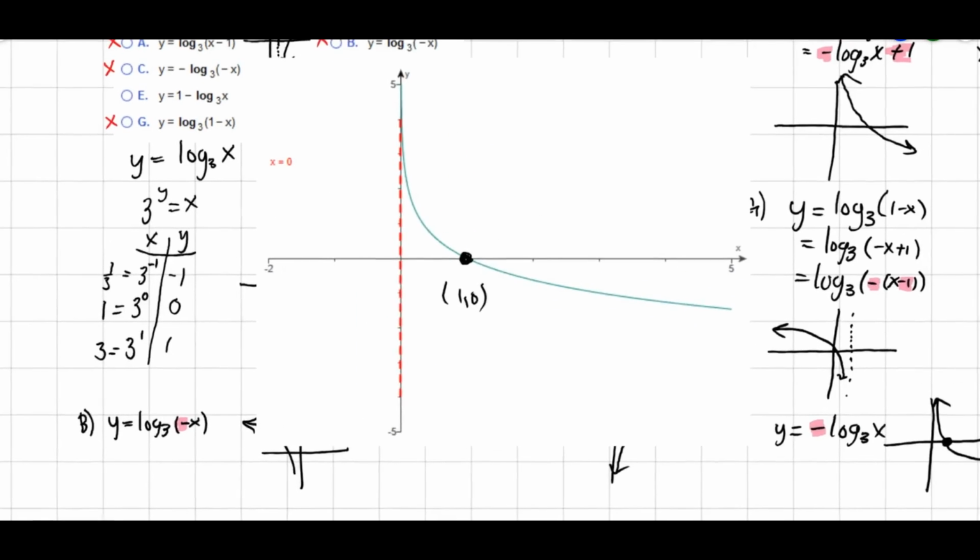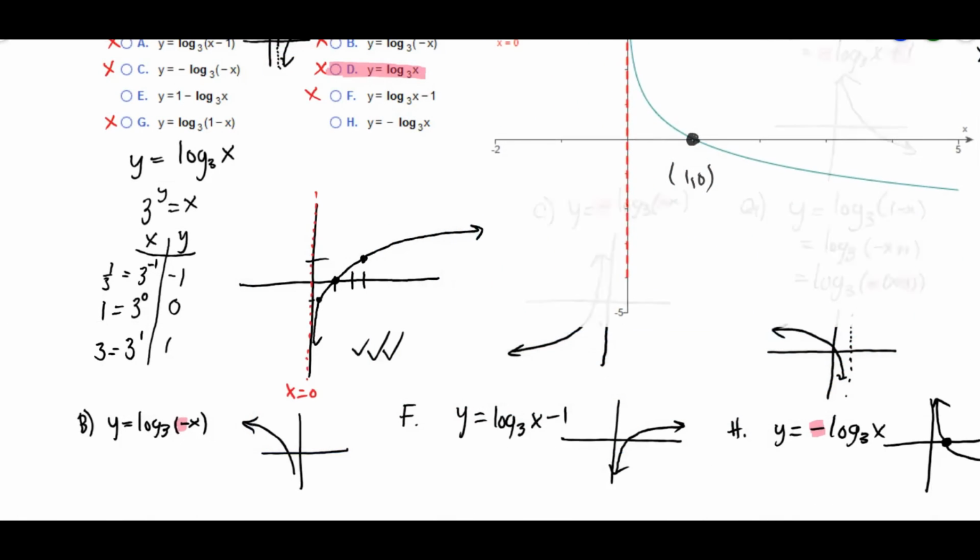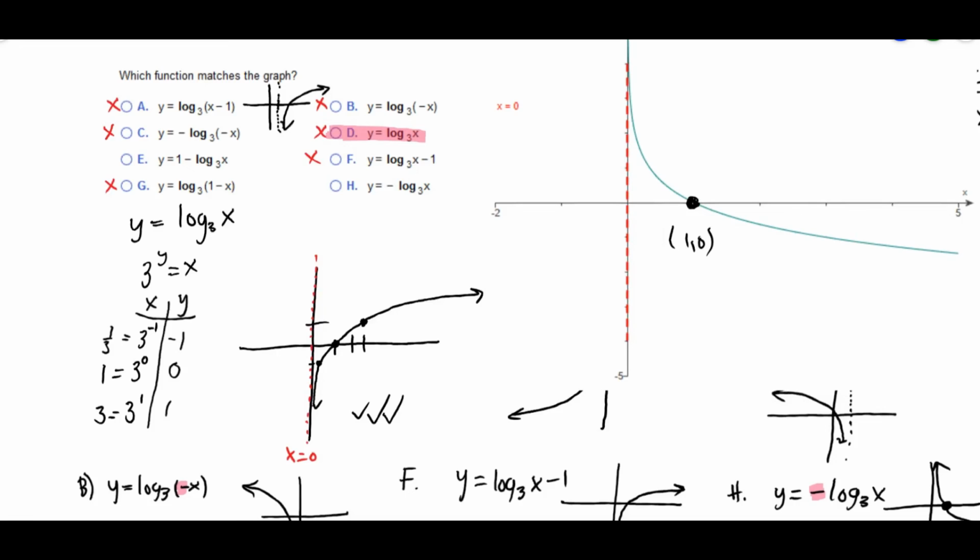If you look at the graph, the first graph that we drew had 1, 0 on it. So if we shifted that to the right, it would move that point to 2, 0. So this one right here is out. And this is the one that matches.